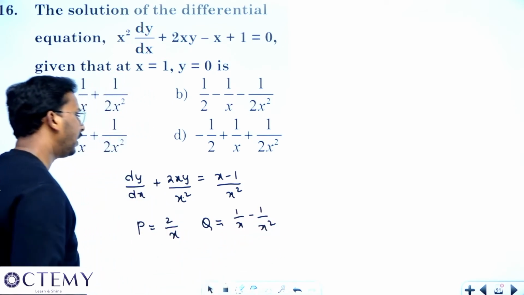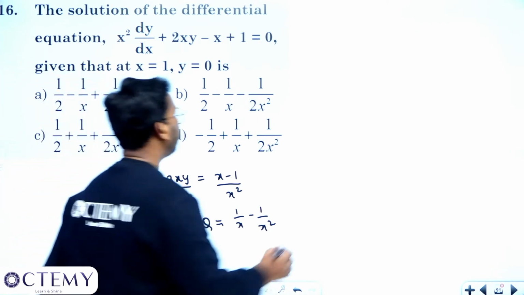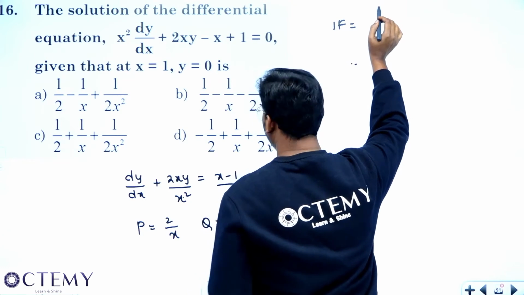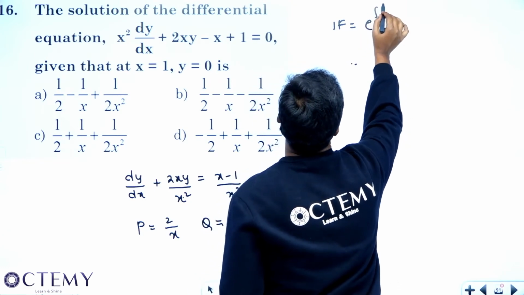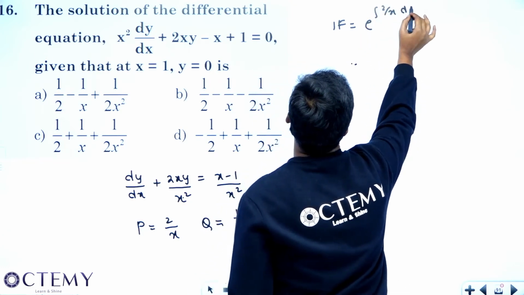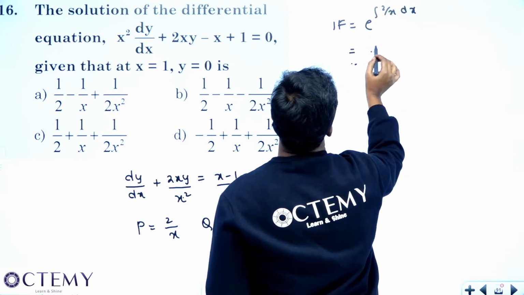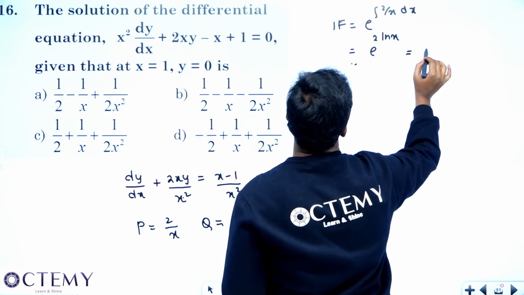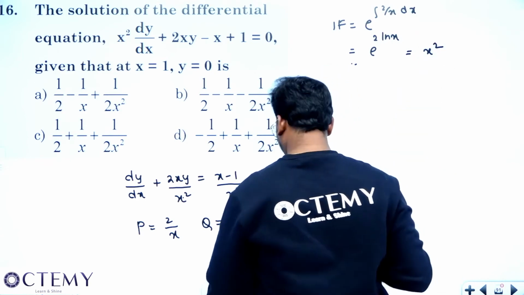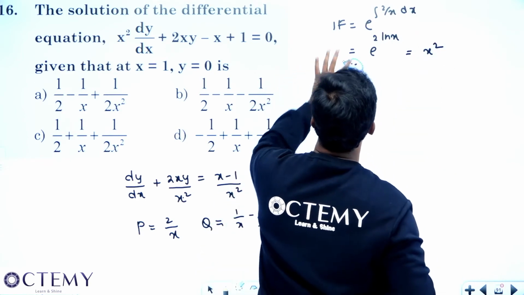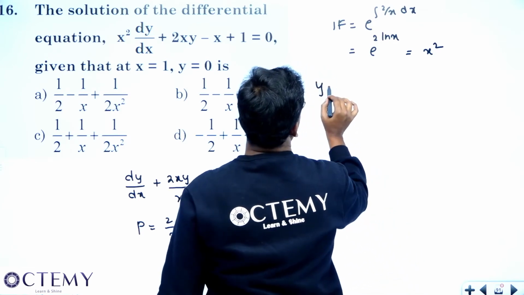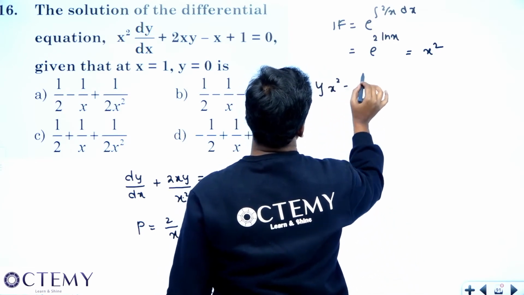What will be your integrating factor, sir? Your integrating factor will be e power integral 2 by x dx. So that will become e power 2 ln x, so that will become x square. What will be the solution? Solution will be y into integrating factor is equal to integral of q into integrating factor dx plus c.